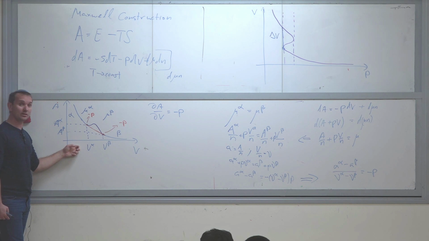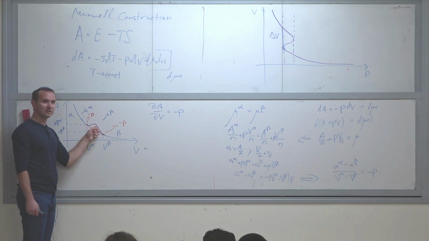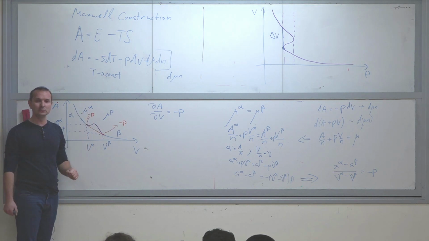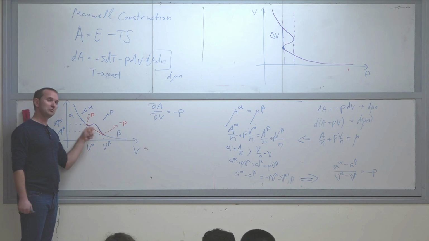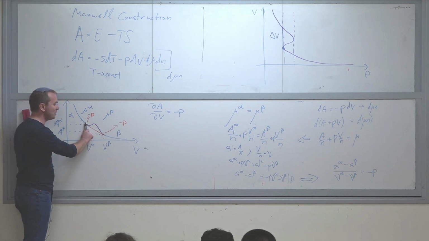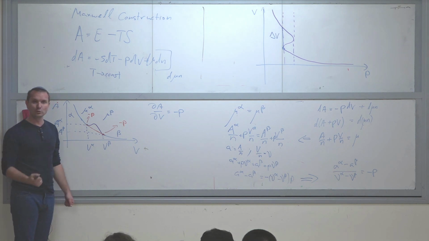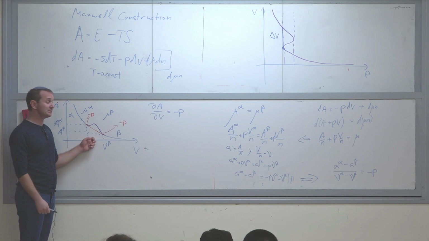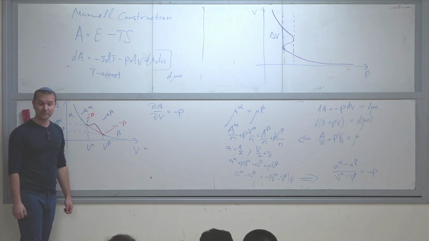This construction here, due to Maxwell, helps me out. Why? Because in the middle, it's not a physical description. I'm trying to find a physical description for those intermediate values, but the only thing that I can say is that the system will jump from here to here. What are the volumes where it will jump? Let's construct this thing over here, and we will find out.